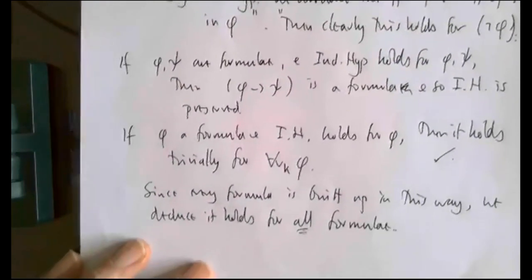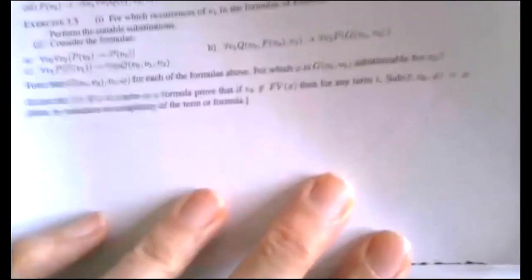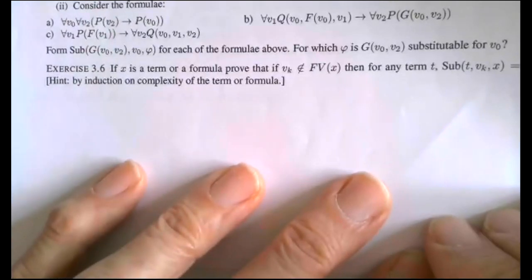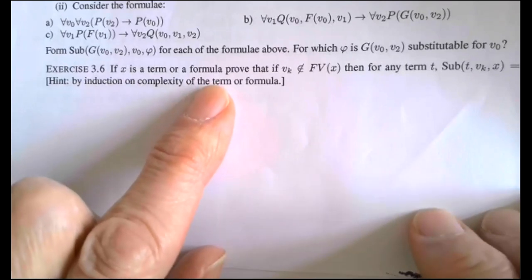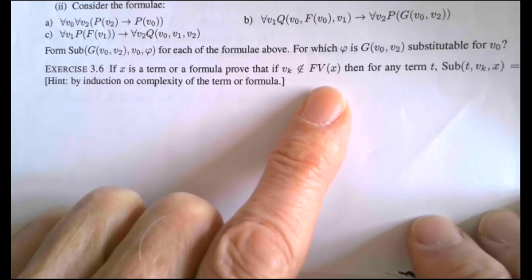And if you look at exercise 3.6, one of the questions, it asks you to prove something by induction on the complexity of formulae. So what you have here is X is either a term or a formula, and we assume that vk isn't one of the free variables.